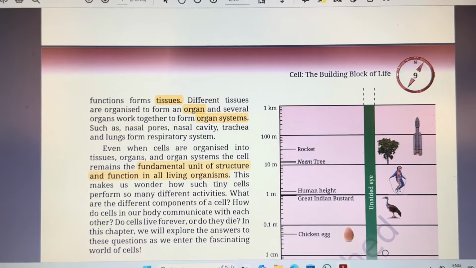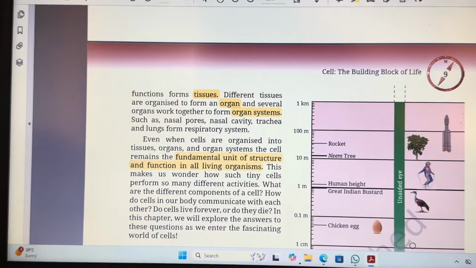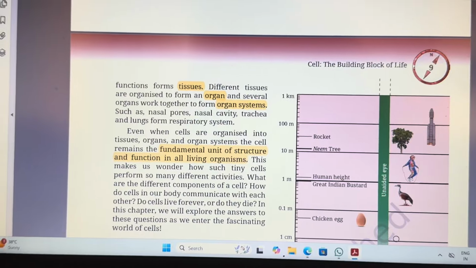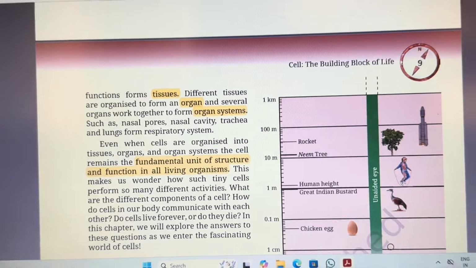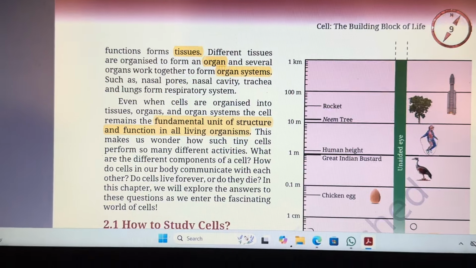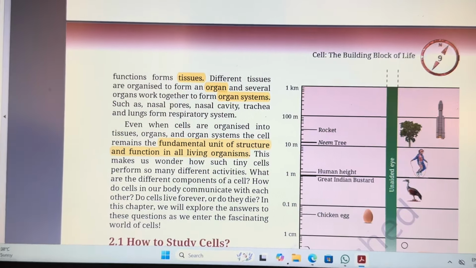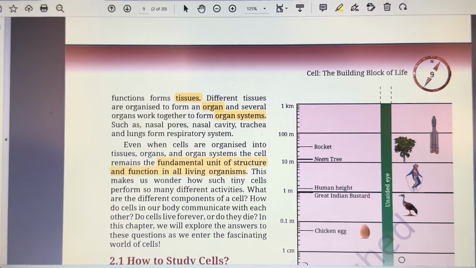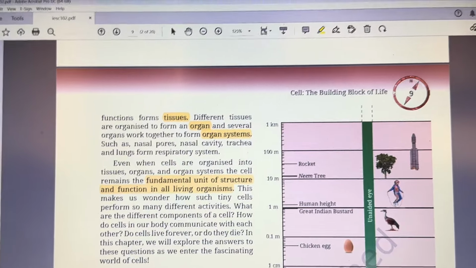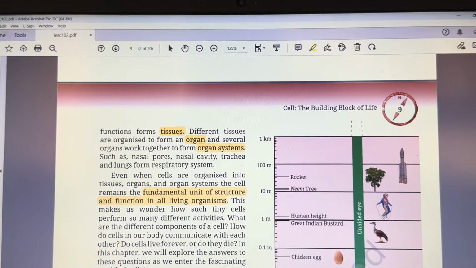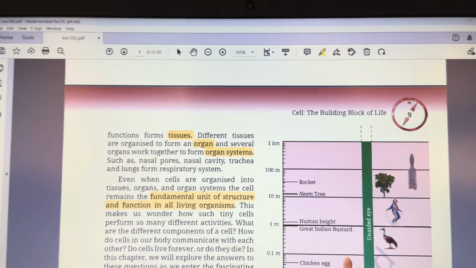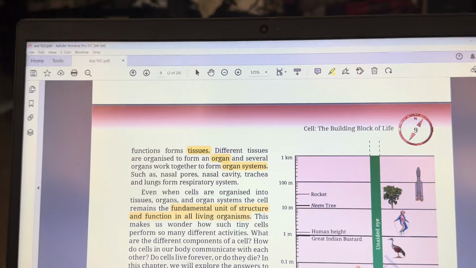Even though organs, tissues and organ systems are formed, they still perform their function and are the fundamental unit of structure in all living organisms. So this makes us wonder how such tiny cells perform so many different activities. Cells are very small, measured in micrometers, but they perform many different activities.